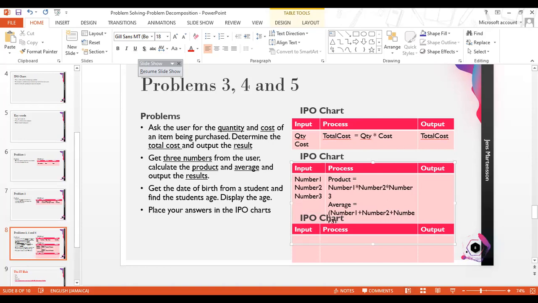Close the bracket, and I'm going to put the forward slash symbol and put 3.